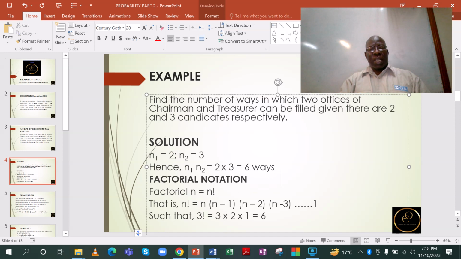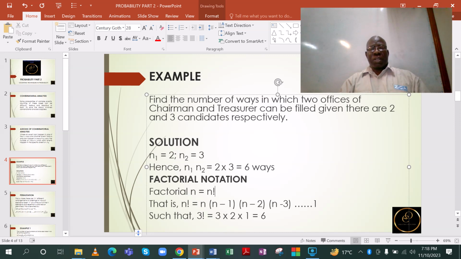That is, n factorial is given by n multiplied by n minus 1, times n minus 2, times n minus 3, and it continues up to the end. So you keep on reducing the n by 1 as you proceed.